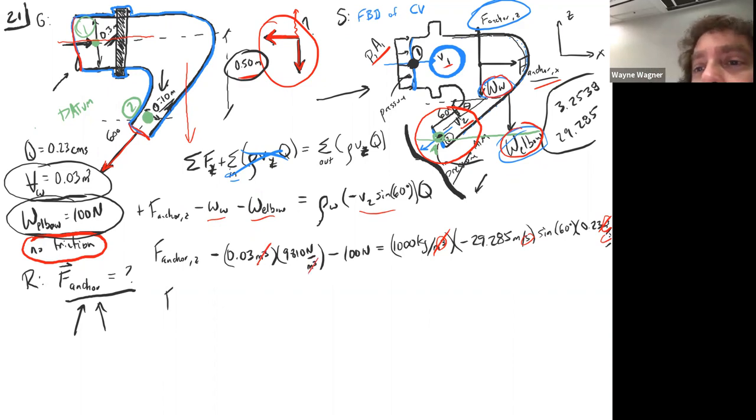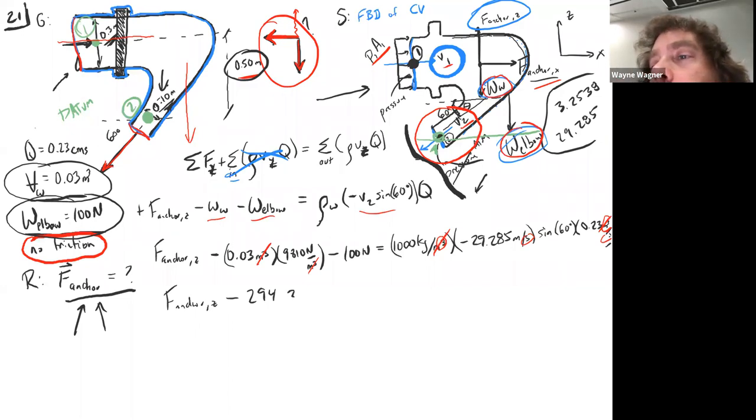Okay, so F anchor Z. This is going to be minus... Let's go ahead and I like to do these things one step at a time, so I can start building my intuition about which terms are the biggest. So this is minus 294.3 newtons minus 100 newtons equals 1,000 times 29.285 times the sine of 60 times 0.23.